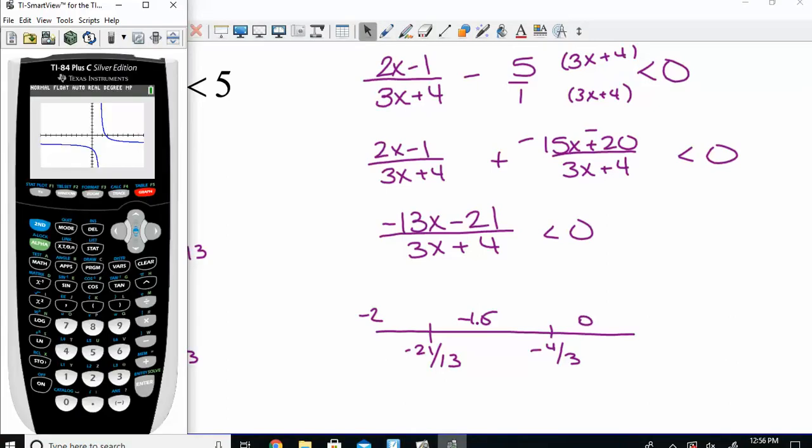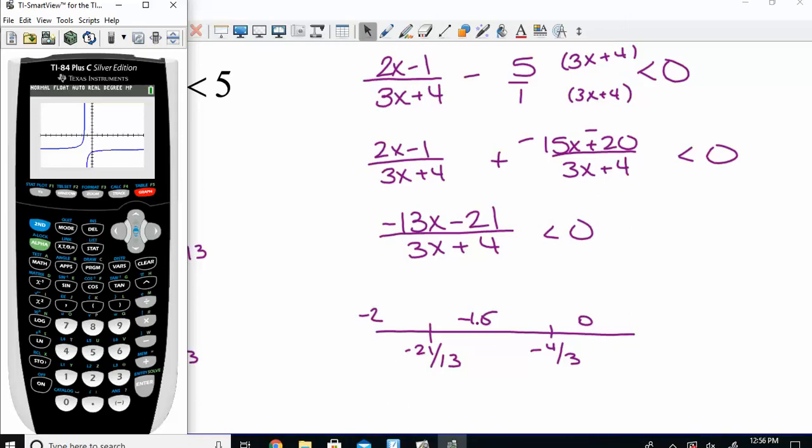Or if we look at our graph, we can see this one is negative, positive, negative.